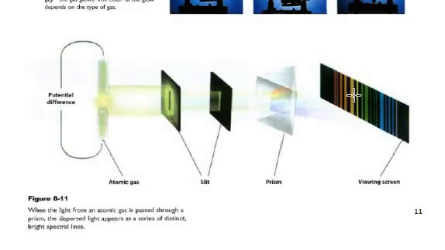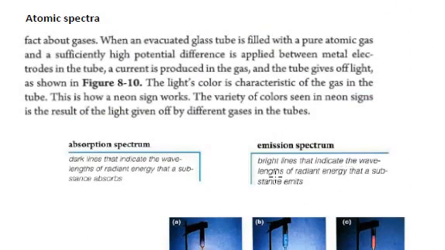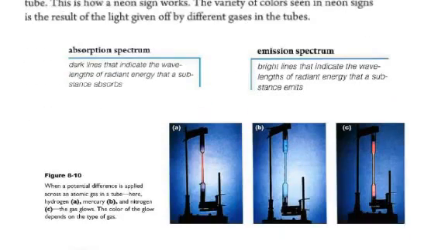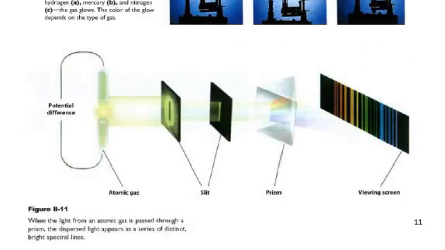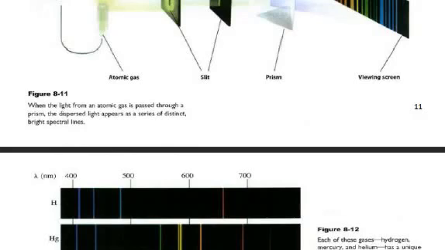Some lines are missing, and by counting those missing lines, they can easily identify what type of gases the sun is formed from, with the help of those dark lines. Those missing lines are called the absorption spectrum. So Rutherford couldn't explain this phenomenon in his model.